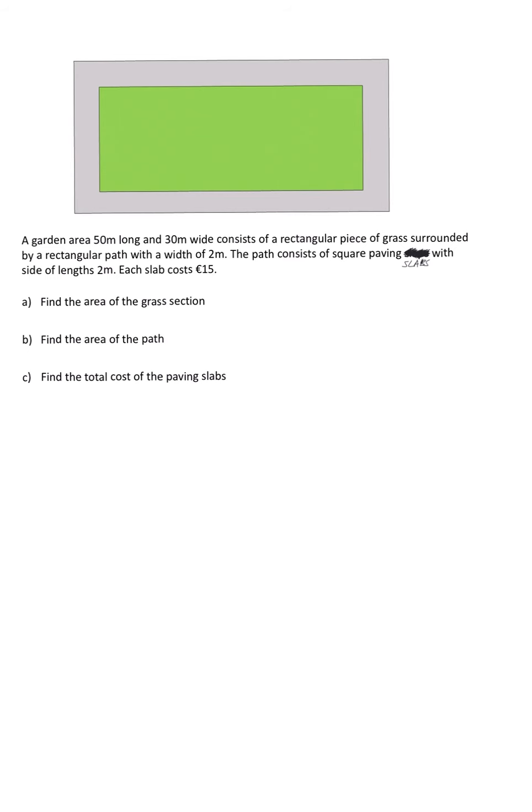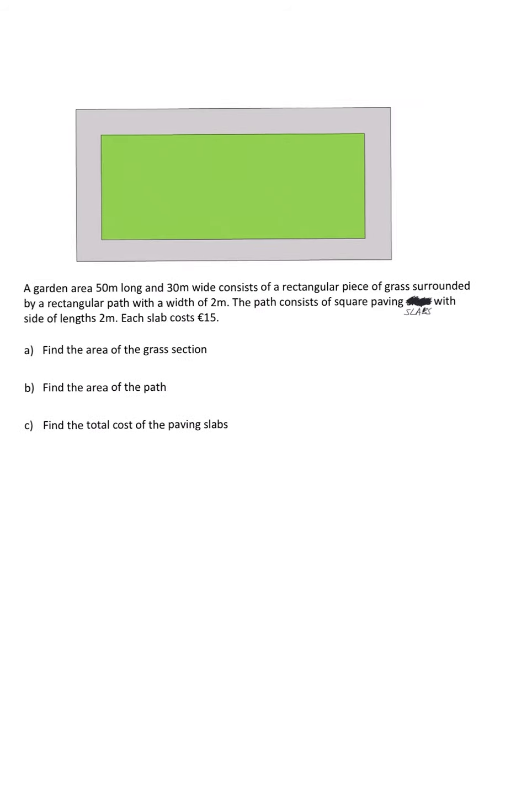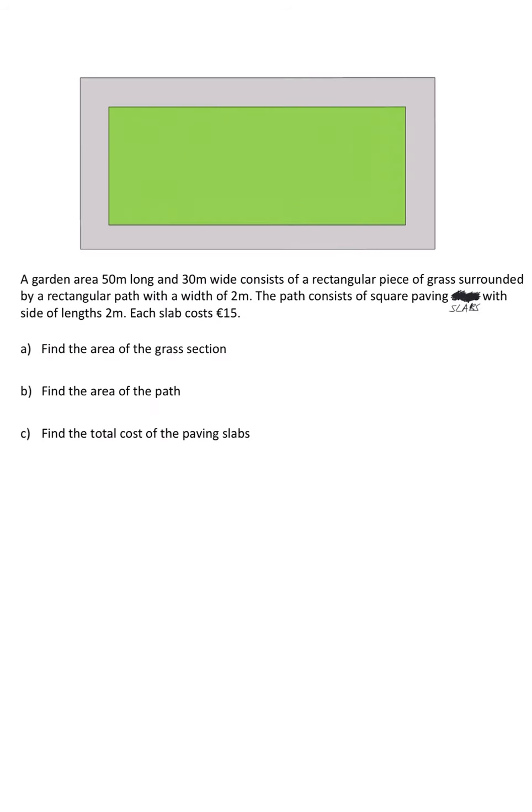In this question we're told a garden area 50 meters long and 30 meters wide consists of a rectangular piece of grass surrounded by a rectangular path with width 2 meters. The path consists of square paving slabs with sides of length 2 meters, and each slab costs €15. So there's a lot of information here. So the first thing that we're going to have to do is mark in what we have into our diagram.